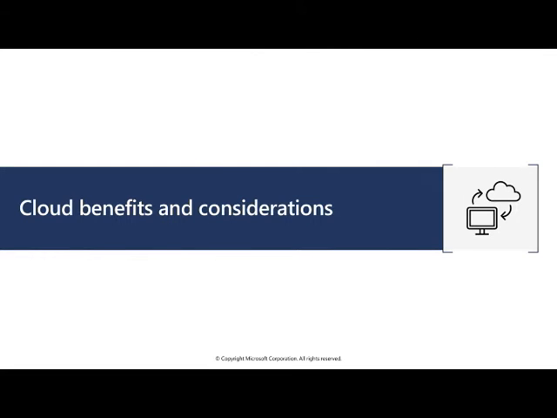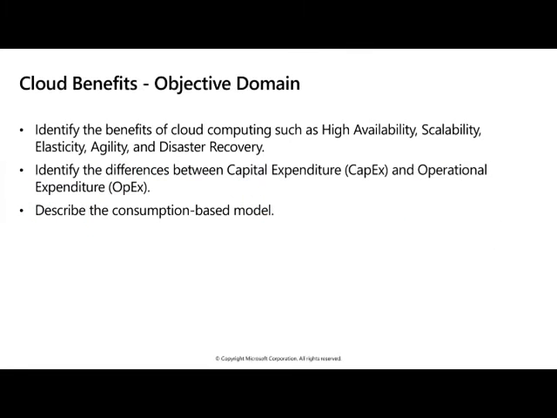Cloud benefits and considerations. Cloud benefits, objective domain. Identify the benefits of cloud computing, such as high availability, scalability, elasticity, agility, and disaster recovery. Identify the differences between capital expenditure, CapEx, and operational expenditure, OpEx.